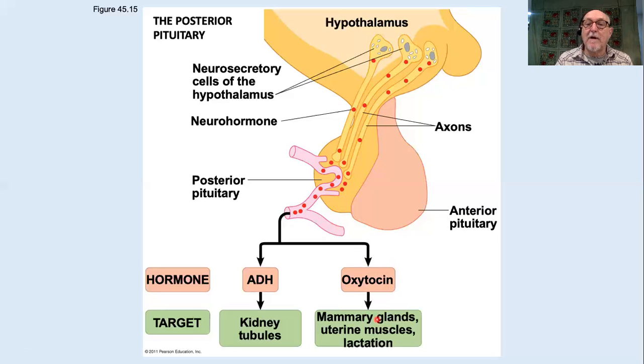So, for example, oxytocin is one of the hormones which is involved in enabling the smooth muscles of the breast to express milk. It's also involved with many other things like that. For example, it causes the uterine muscles to contract during labor.